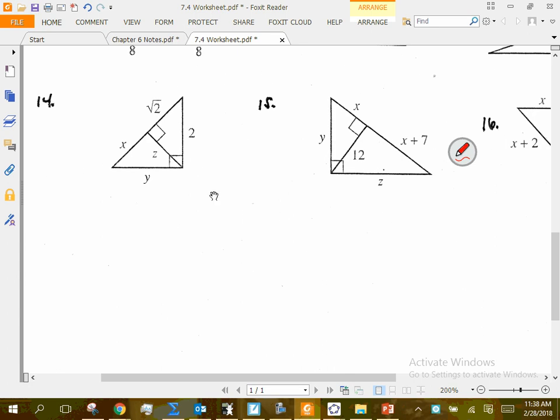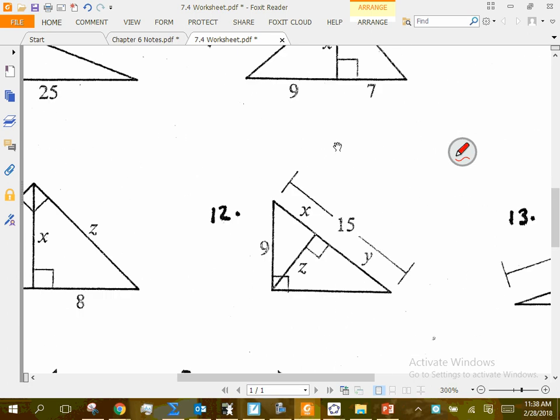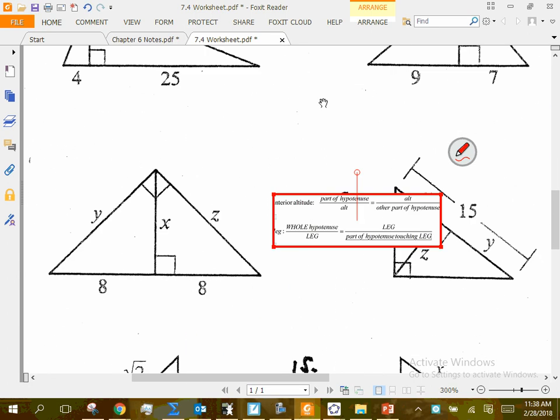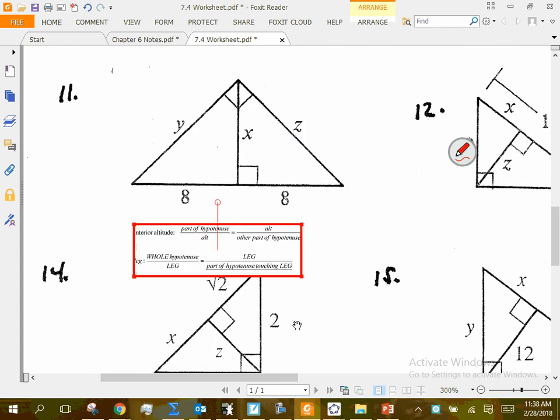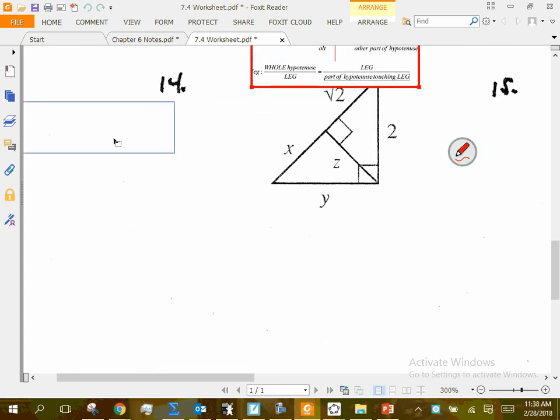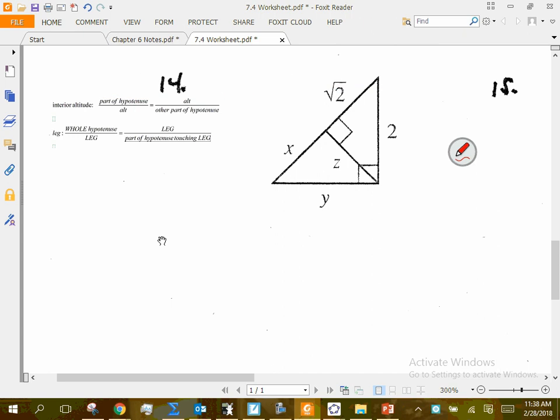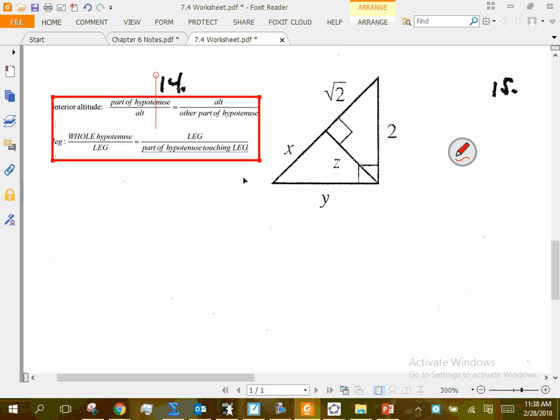Let's look at 14 quickly. You got it now? Good.